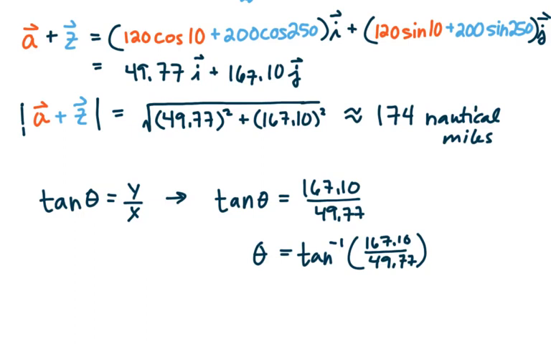Typing that in your calculator in degree mode, you'll get that theta is roughly negative 73. Now we have to think about how to interpret this. Remember, we're always going to get an answer between negative 90 and positive 90 when we use tangent inverse. So where does negative 73 degrees lie? Negative 73 degrees is down here in quadrant 4.